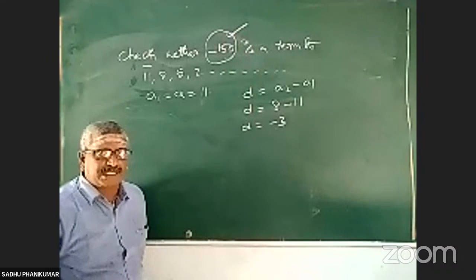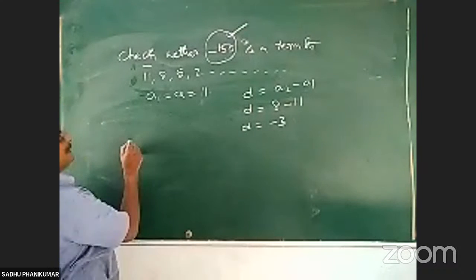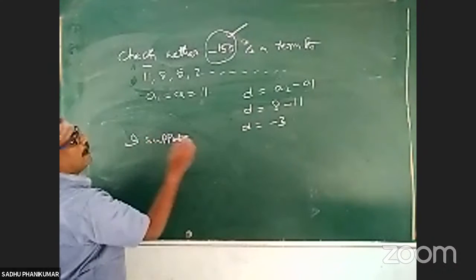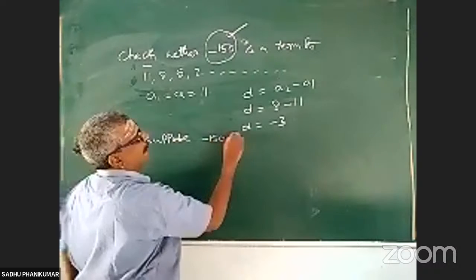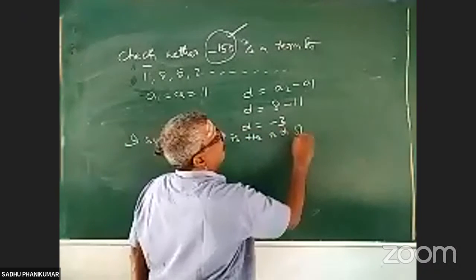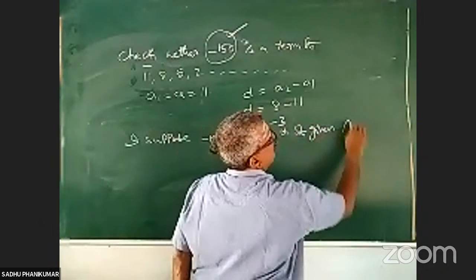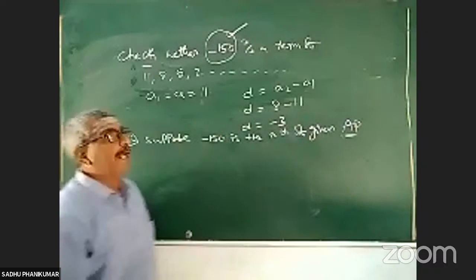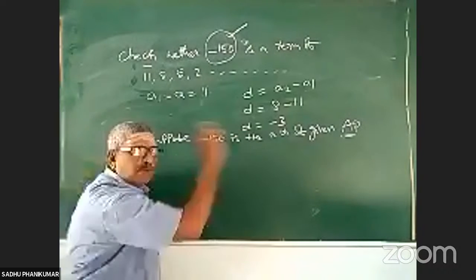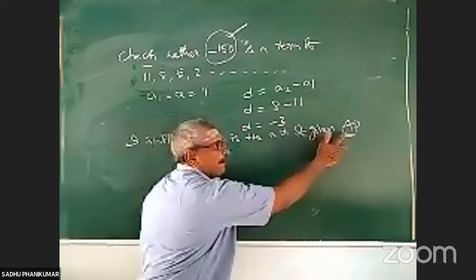What I suppose is that minus 150 is the nth term of the given AP.